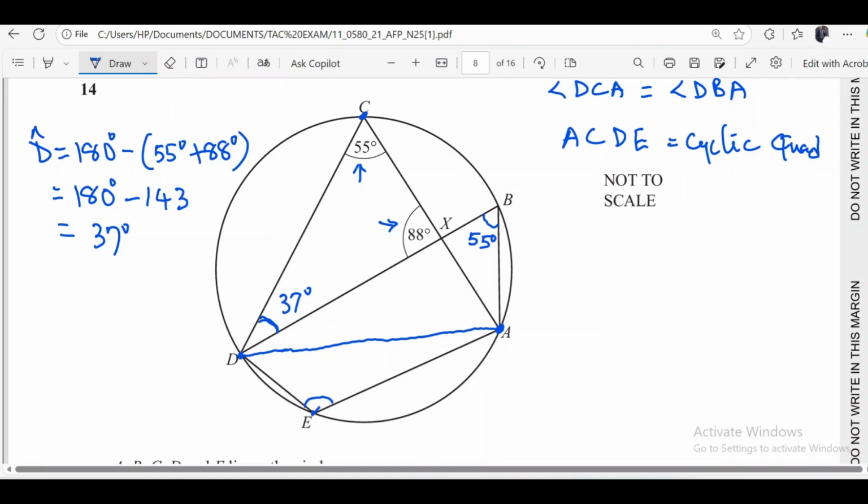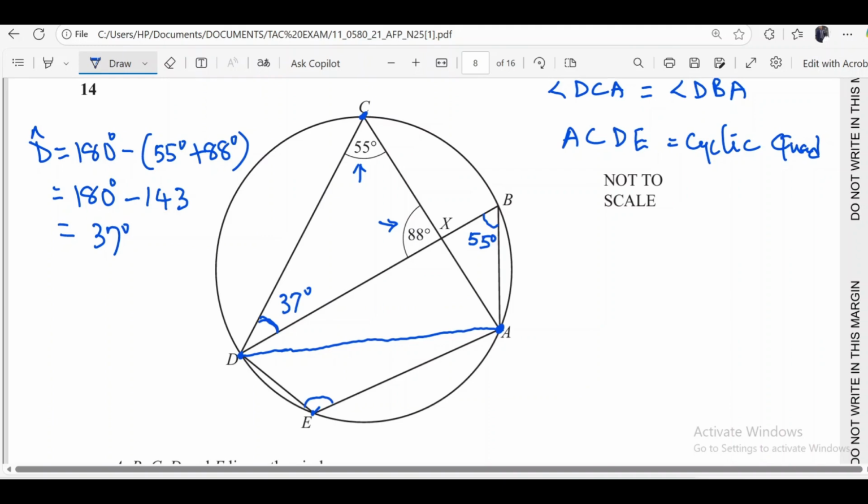So that makes it a cyclic quad. And so the sum of opposite angles of a cyclic quadrilateral add up to 180, or we can say supplementary. Supplementary means it adds up to 180.